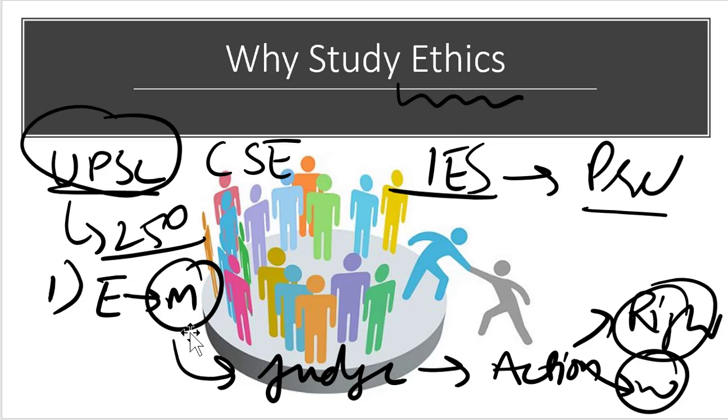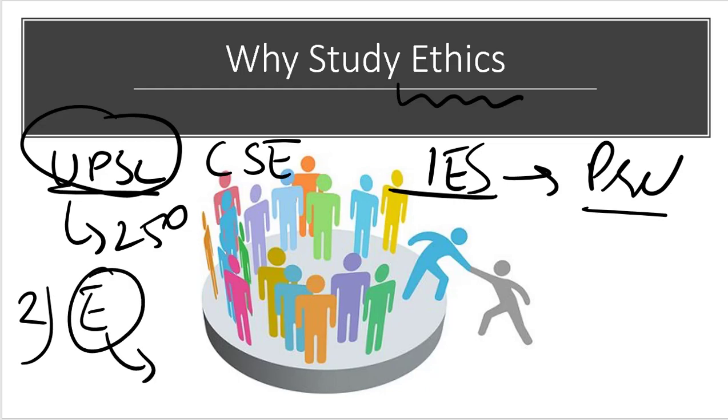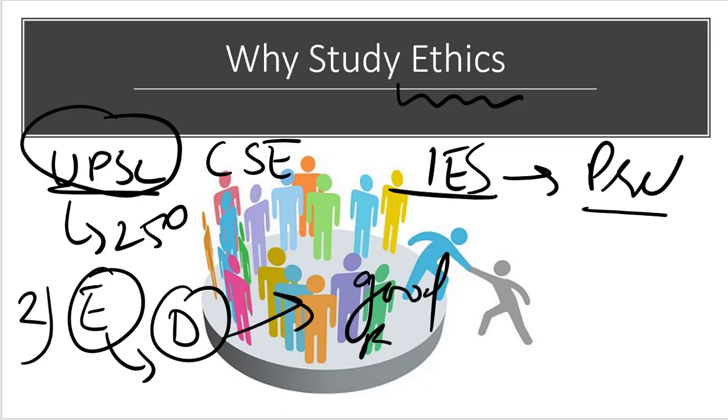So that's the first thing. Second, it improves your thinking process, because when you study ethics, you are able to differentiate between good things and bad things, and hence in the process your thinking process improves. Therefore it is again very important, and it is one of the objectives of studying ethics as well.